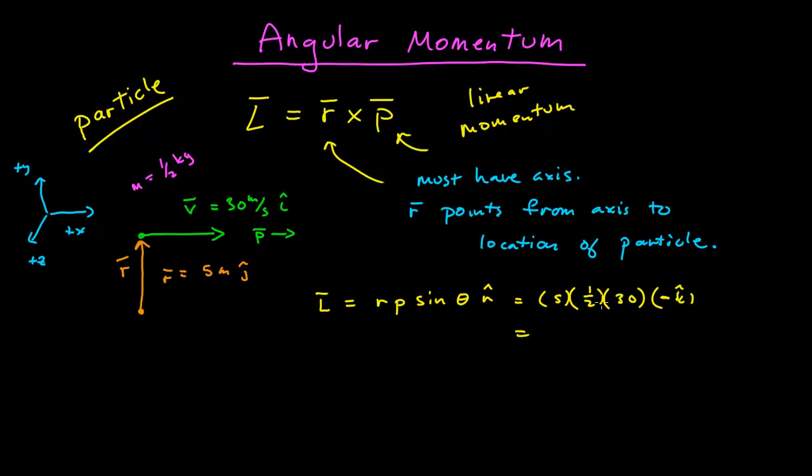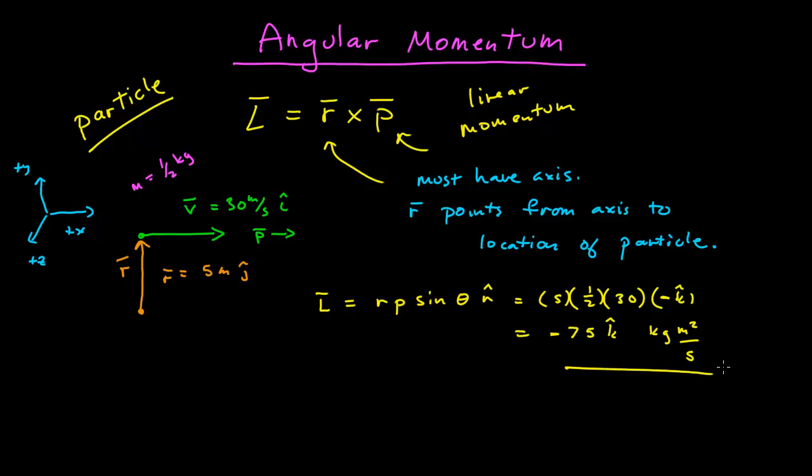So our angular momentum, 1/2 of 30 is 15, times 5, so it'd be negative 75 k hat, and it'll have units then of kilograms meters squared per second. All right, is that right? So meters per second times the kilograms times meters.